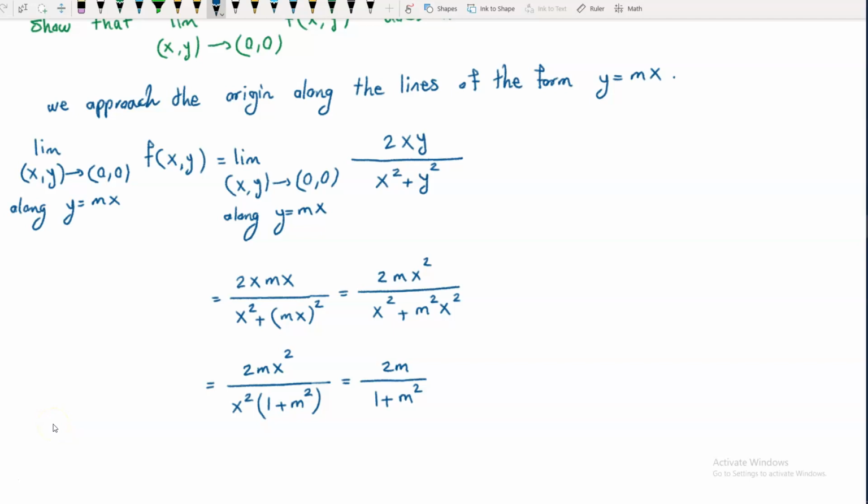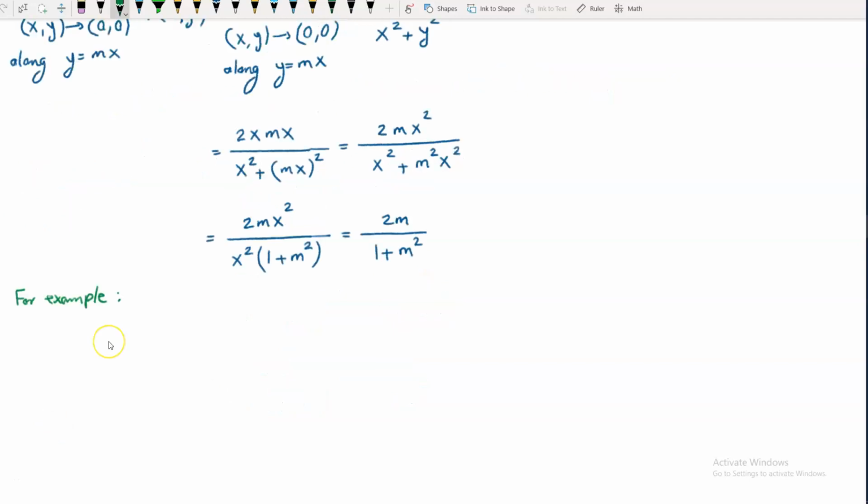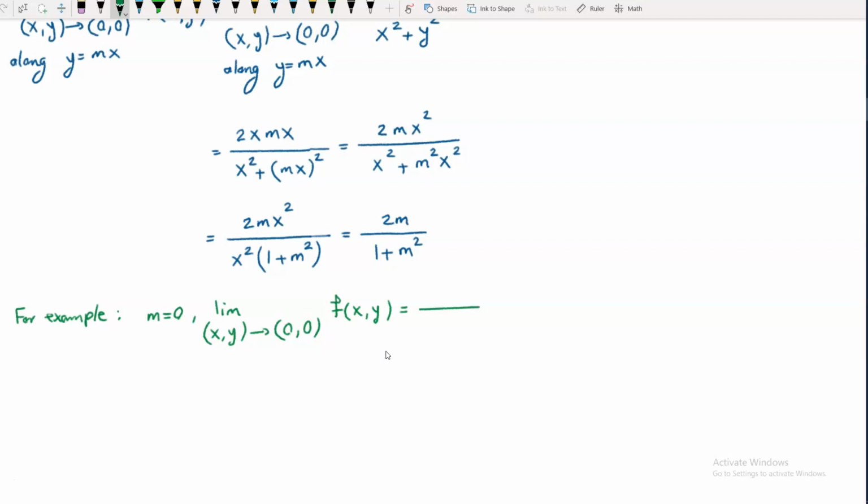If we substitute different values for m, we get different values for the limit. For example, if m equal to 0, the limit as x, y approaches 0, 0 of f of x, y is equal to 2 times 0 divided by 1 plus 0 squared, which is equal to 0.